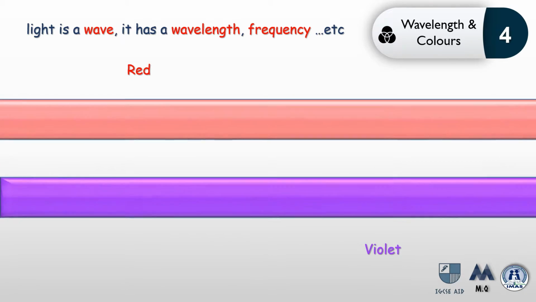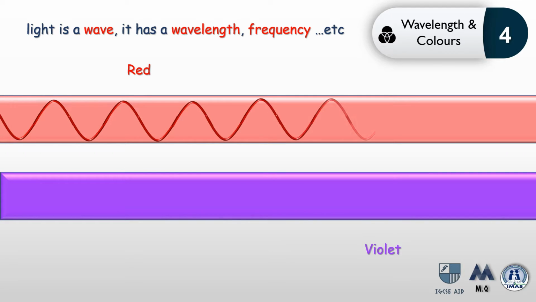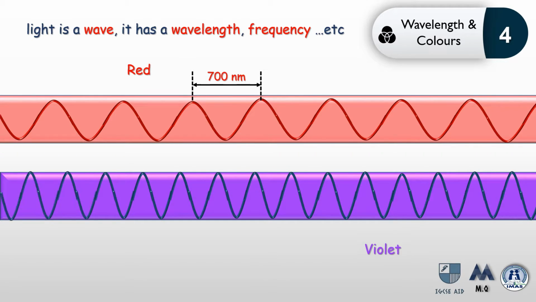If we zoom in into them, we know it's made up from waves, and for simplicity, this is how I'm going to represent the waves, just one of the transverse waves, no need to draw both of them. So for red, if we measure the wavelength, which is the distance from peak to peak, we'll find it to be extremely small, of 700 nanometers. If we do the same for violet, we will find it much smaller than that with just 400 nanometers.